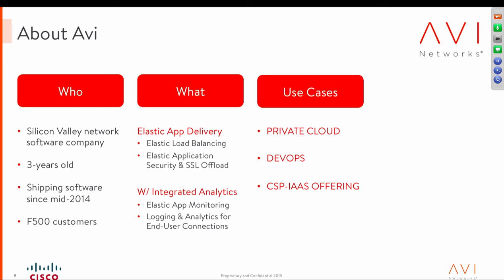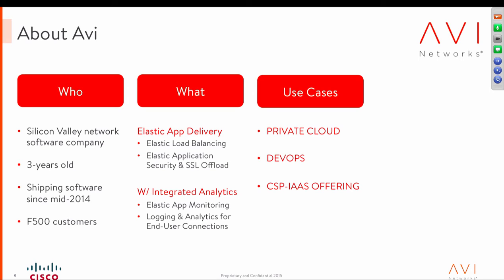The second use case that's common for our customers is a DevOps environment, where we are the self-service elastic multi-tenant load balancer, where the app developers can do self-service provisioning of the VIPs. And finally, cloud service providers who are offering infrastructure as a service. We are an elastic L4 through L7 services solution with our consumption-based pricing model. It's perfectly suitable for these CSPs because they can pay as they go, as they bring on new customers.